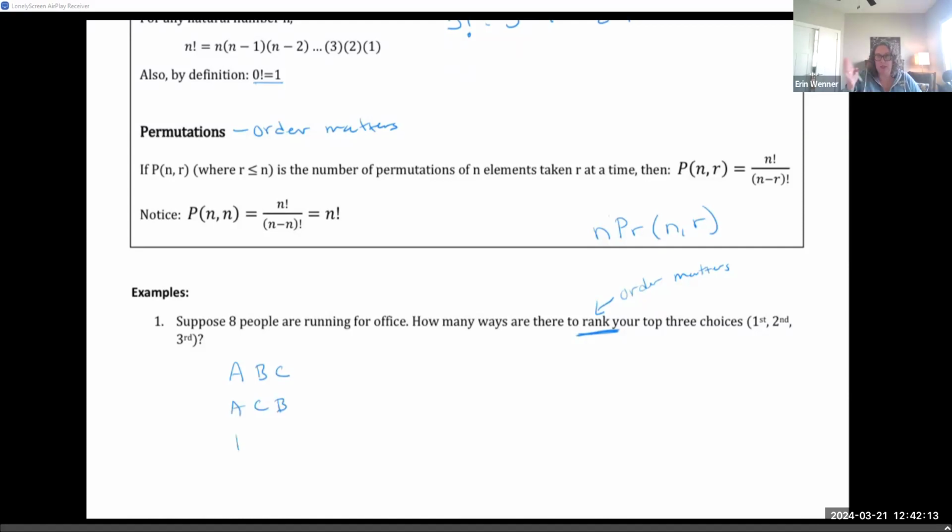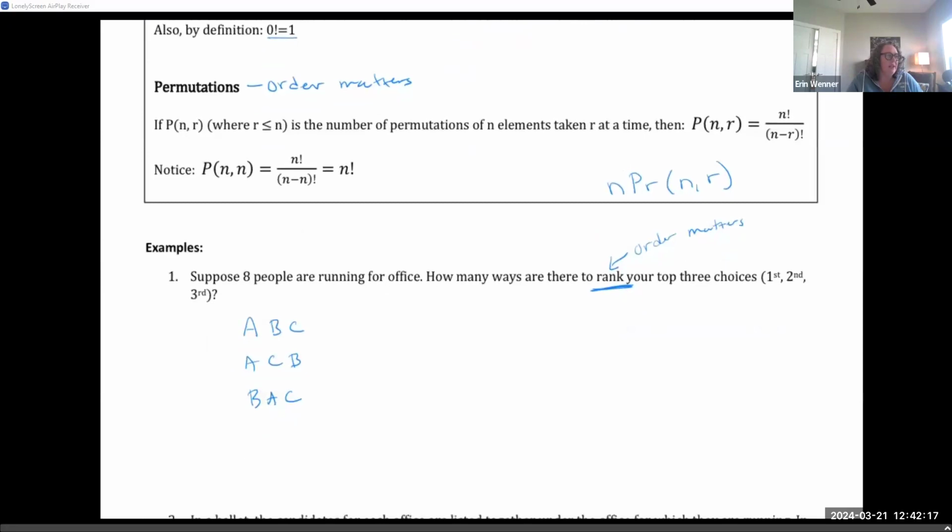We're considering the position that we put those people in. So if I have 8 people and I want to rank 3 of them, we're looking at the permutation of 8 people, chosen 3 at a time, because we want 3 for first, second, and third. That calculation is going to be 8 factorial over (8 minus 3) factorial.